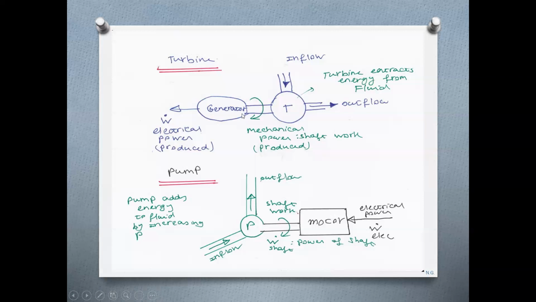And then the generator converts that shaft work to the electrical power, which is the output of the whole package. So basically what the whole thing does, the turbine in combination with the generator, it extracts the mechanical energy of this fluid, and then, at the end, it will be converted to electrical power.